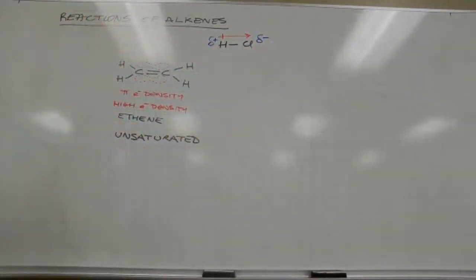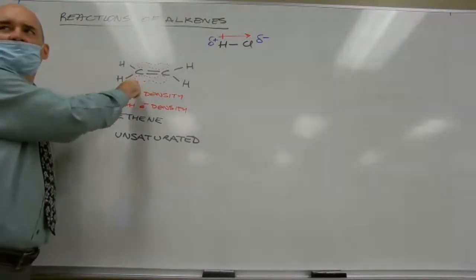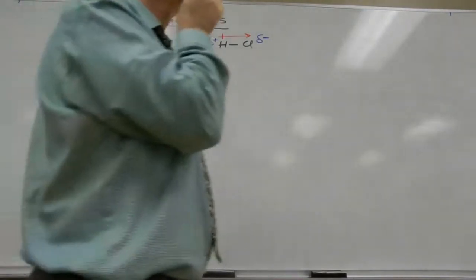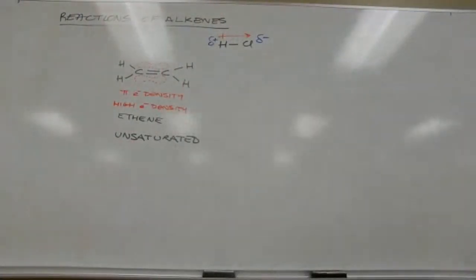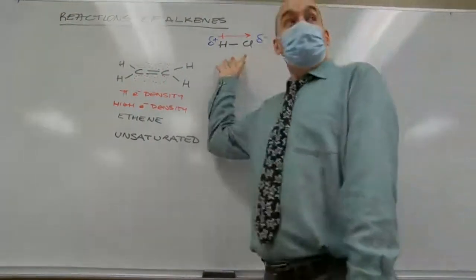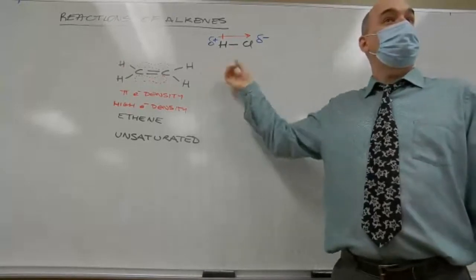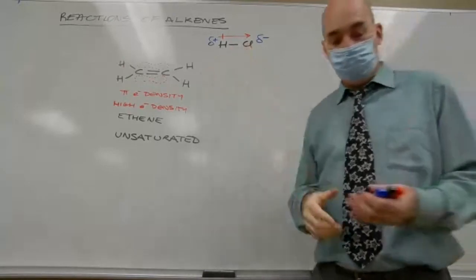If you were to put this in water, they would separate completely into H plus and Cl minus. We're not in water because oil and water don't mix, and my alkene is an oil. In the gas phase, hydrogen chloride is a covalent molecule. It's a polar molecule.